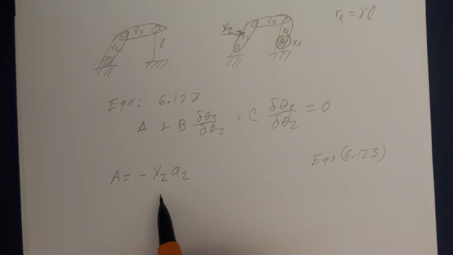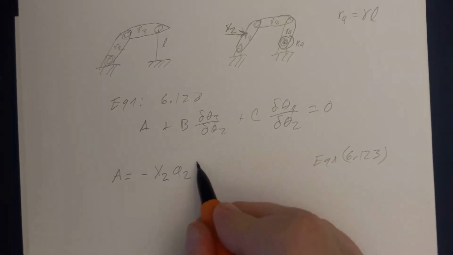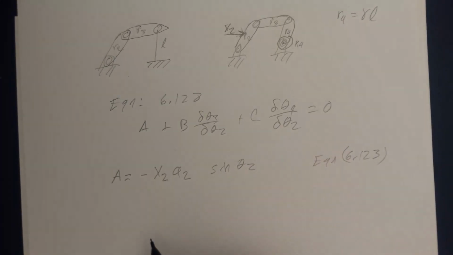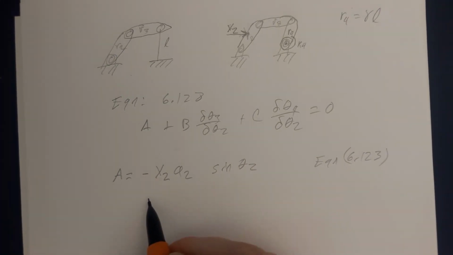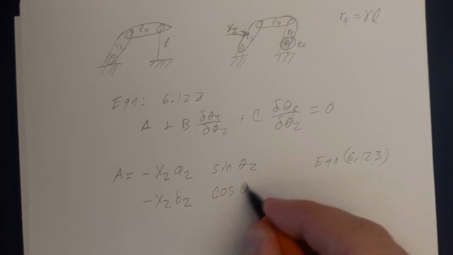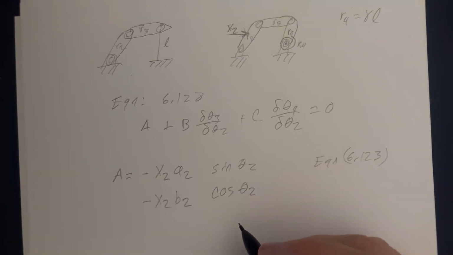The first term we have, but then we don't have any other terms, and that gets multiplied by sine theta 2. And then we have minus x2 times b2 cosine theta 2, and then plus m2 t1 t2. We don't have any of those, okay?